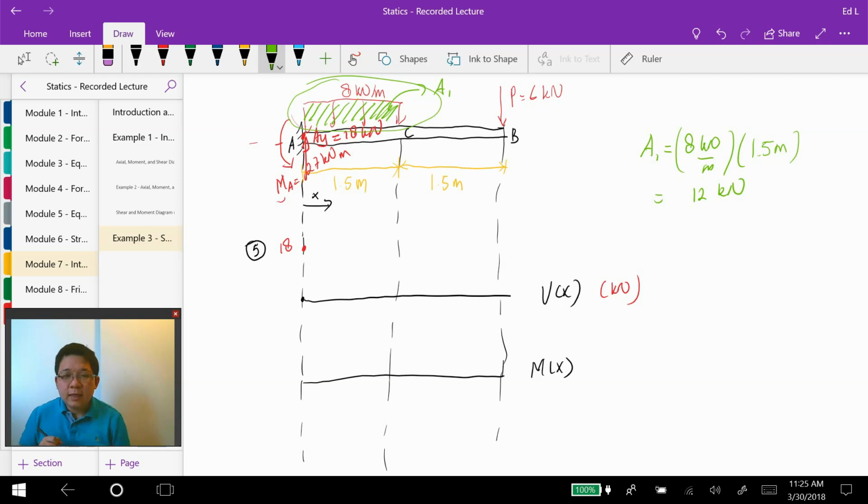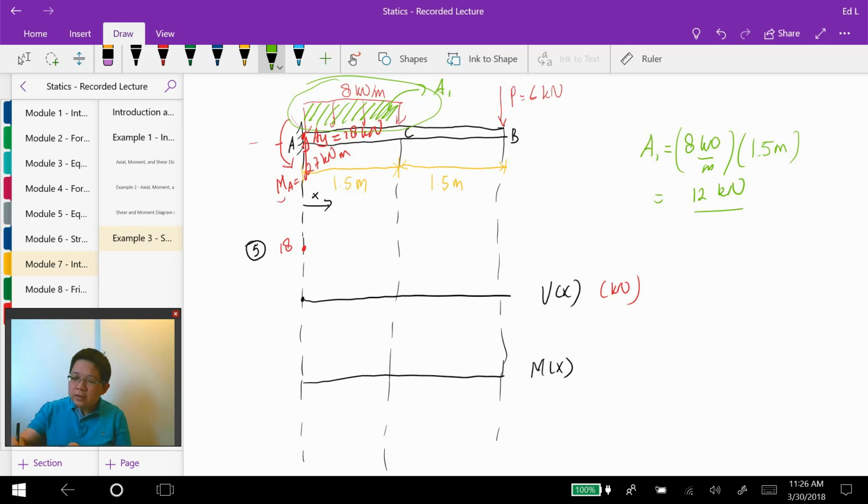Then by applying rule number 2, the change in the shear diagram between 2 points, in this case A and C, is equal to the negative of the area under the distributed force.